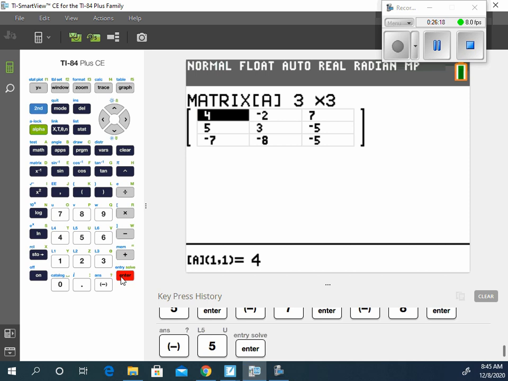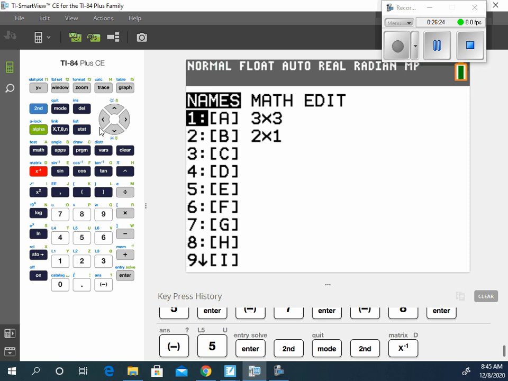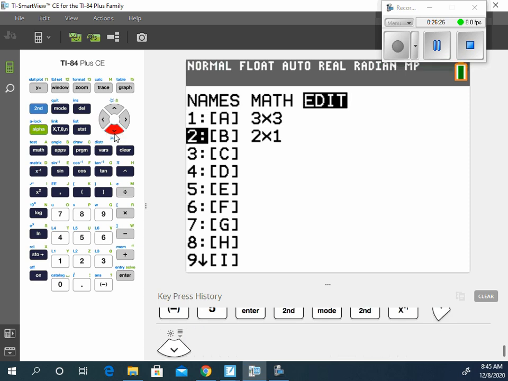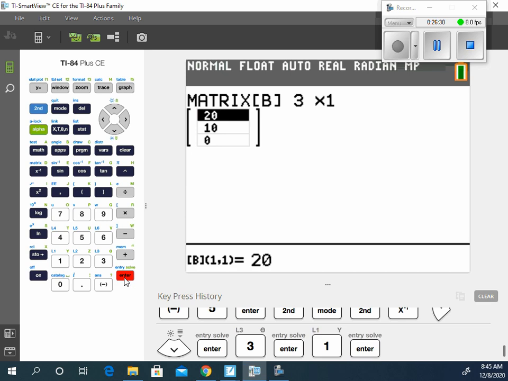So we got the first matrix in. Now we can do second quit, second matrix, and go over and edit matrix B, which is now a 3 by 1.